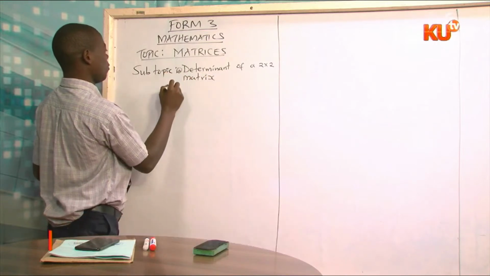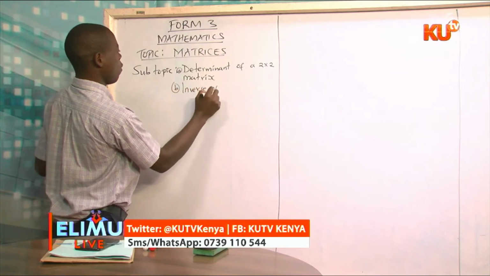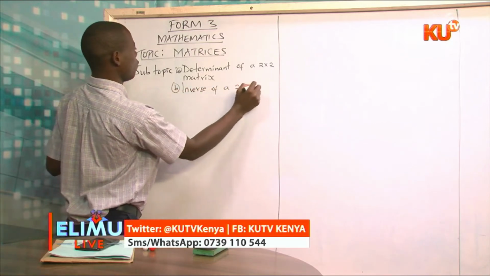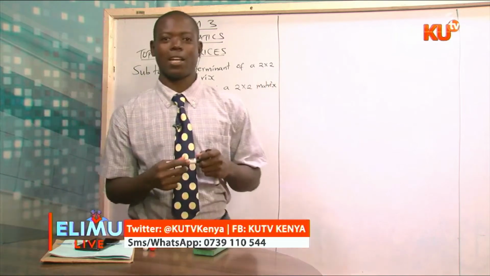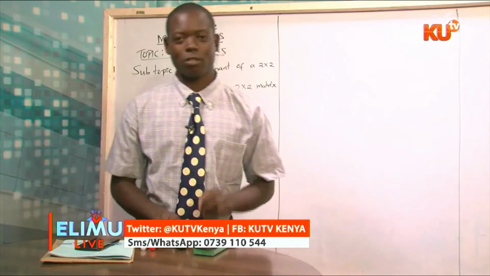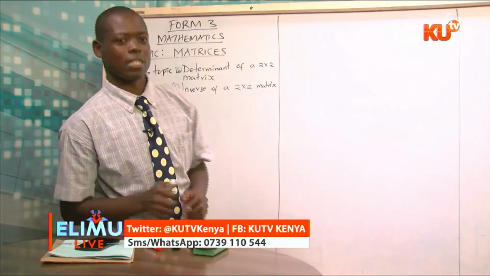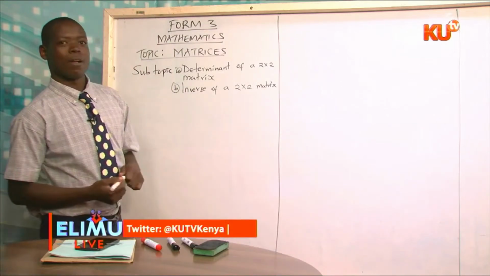And then number 2, we will discuss the inverse of a 2 by 2 matrix. That is what we are discussing in our lesson today. So feel welcome, students, and let's discuss in detail what these two subtopics have to do.